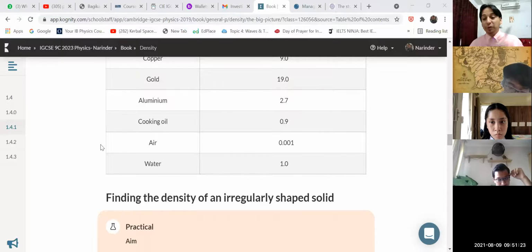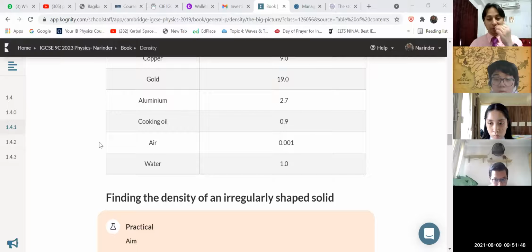That's why cooking oil, petrol, and diesel float on the surface of water. The reason is that their density is lesser than the density of water. Water is given in the last row, and its density is 1 gram per centimeter cube. In the SI system, this will be 1000 kilogram per meter cube.